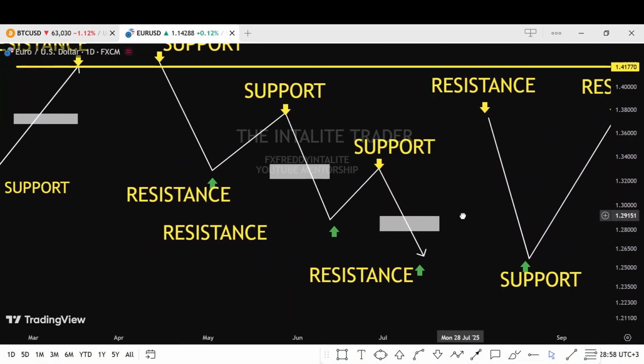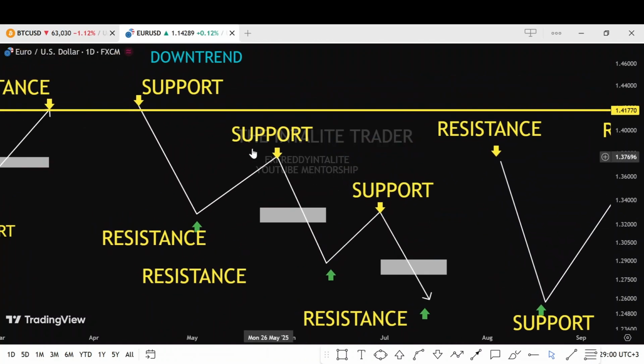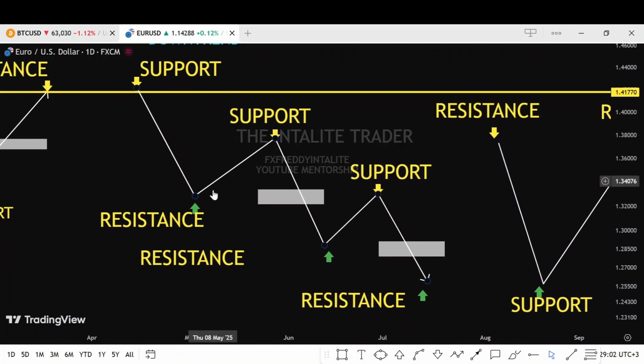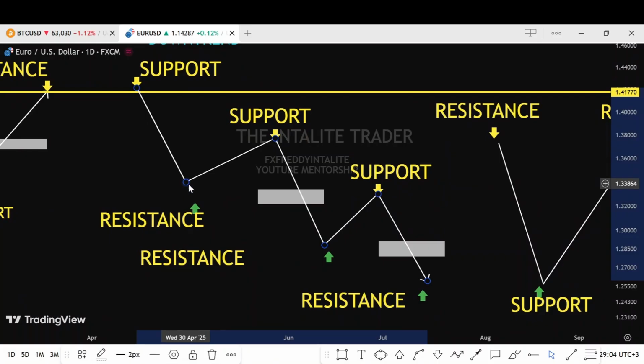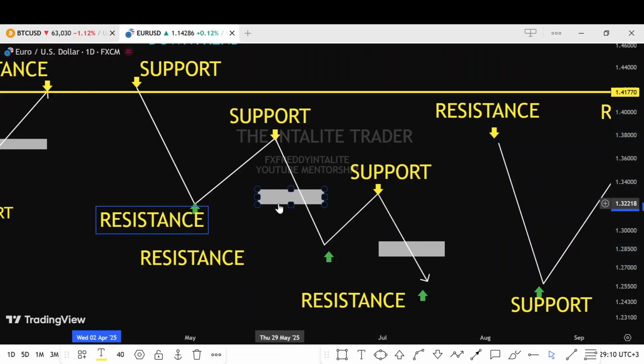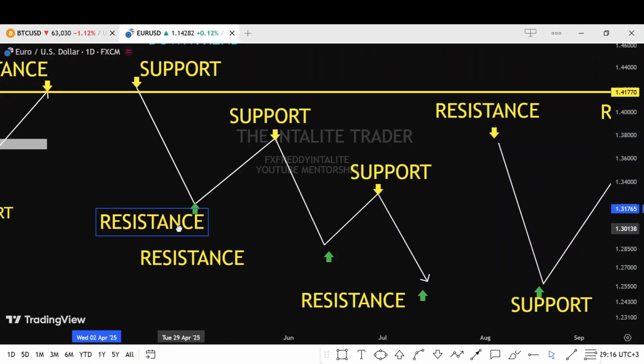So we are here, this is a downtrend. Price moves from the support level, it comes and encounters a resistance here. This is the resistance.